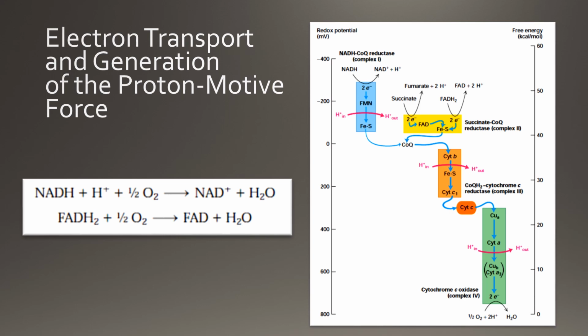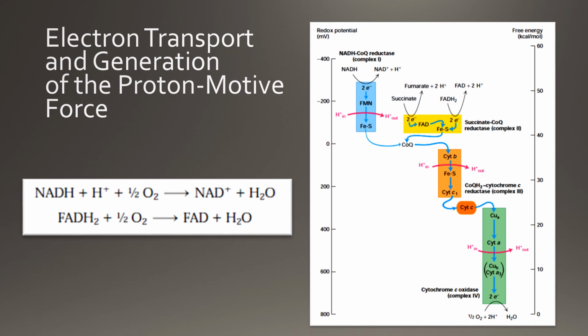So the delta G, the free energy change values for these strongly exergonic reactions, are highly negative in kilocalories. For NADH it is about minus 52.6 kilocalories per mole, and for FADH2 it's minus 43.4 kilocalories per mole.